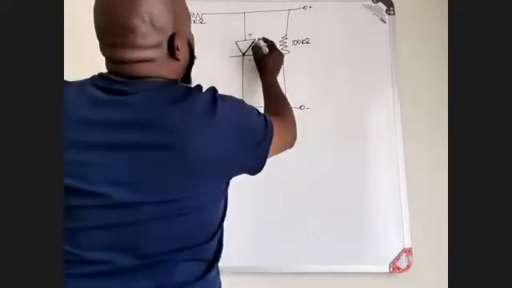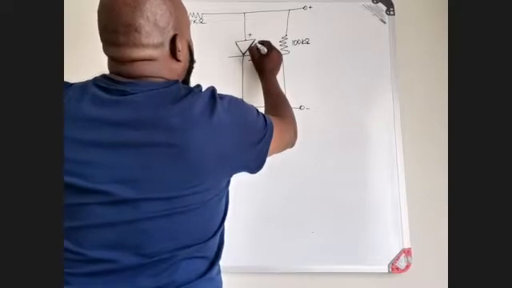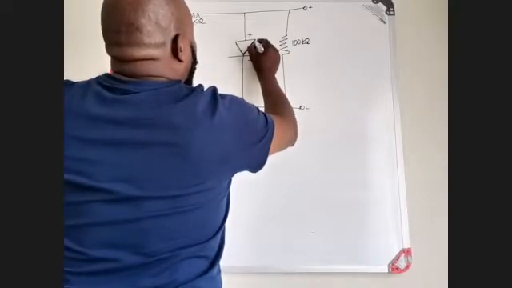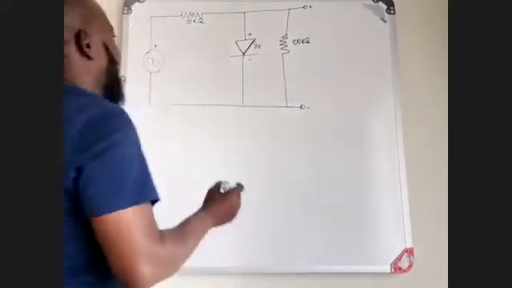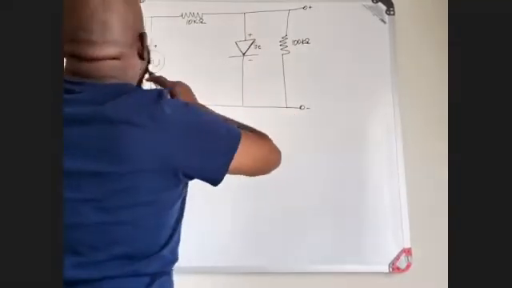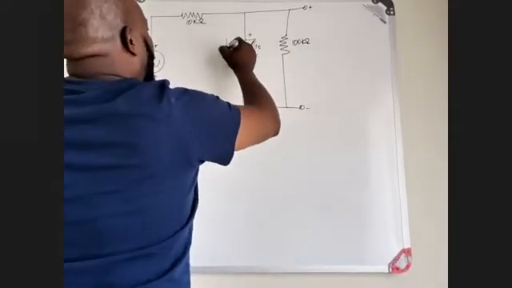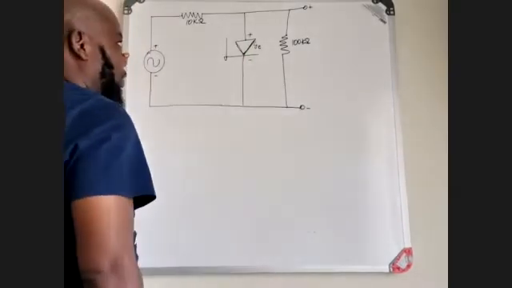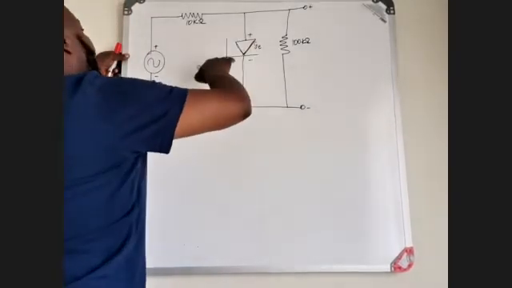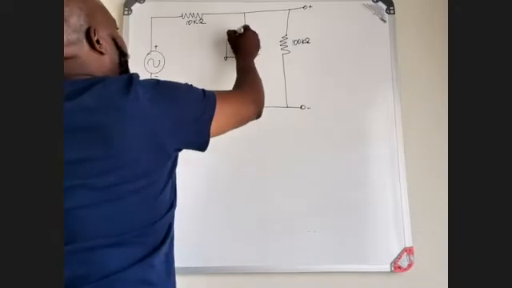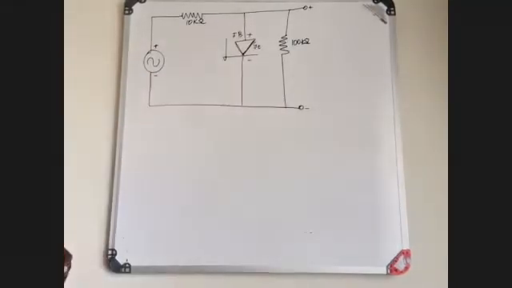Then if that is a germanium, then we know that with germanium, during current flow, this must be forward bias.